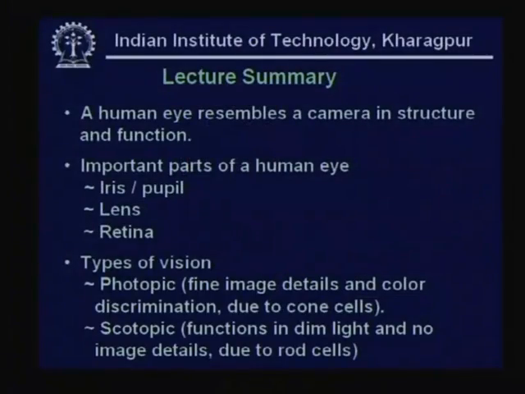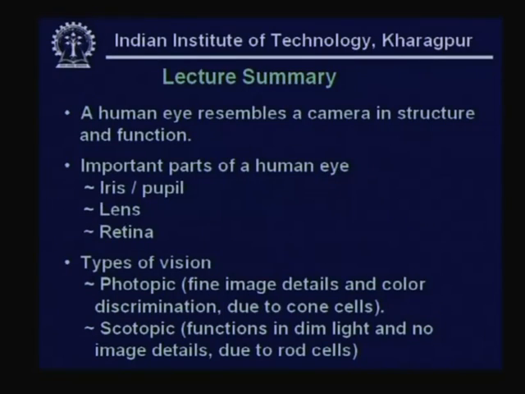The vision per se is of two kinds. One is photopic, which essentially gives fine image details with color discrimination ability due to what we call cone cells. Two is scotopic, which functions in dim light with no image details, and this is mainly due to rod cells.